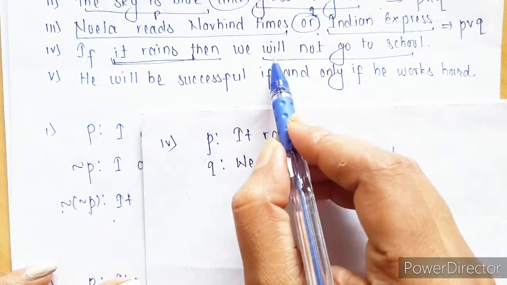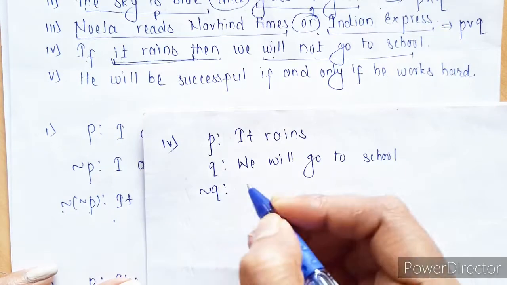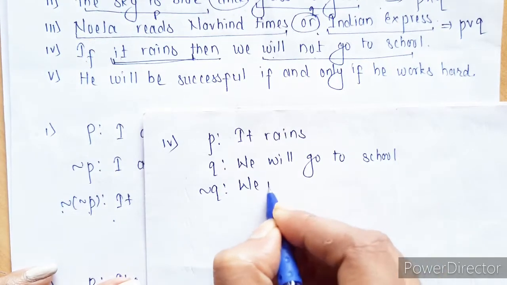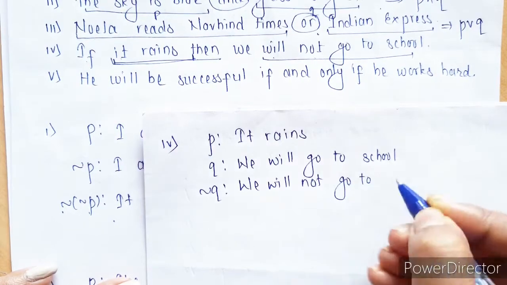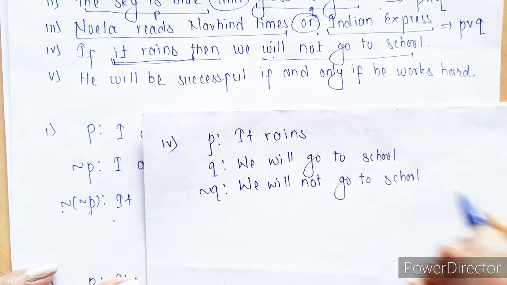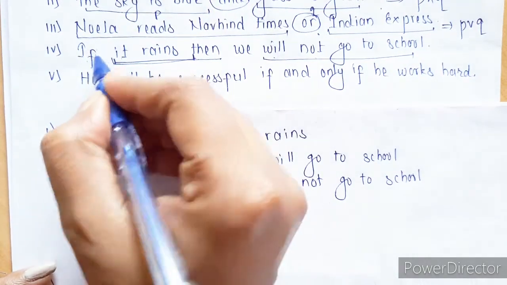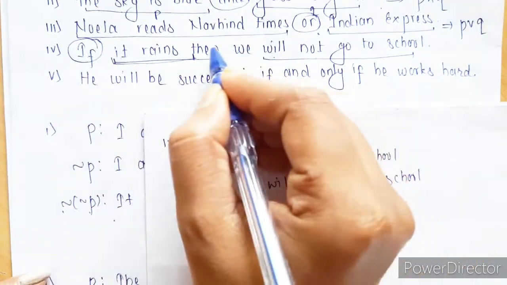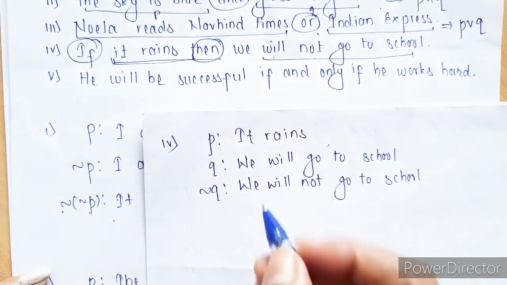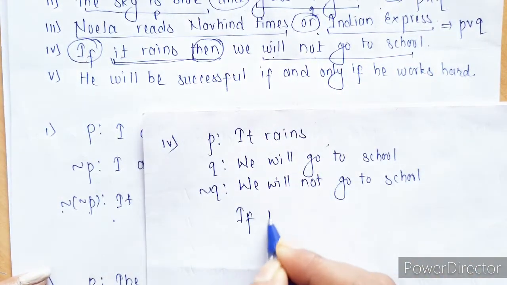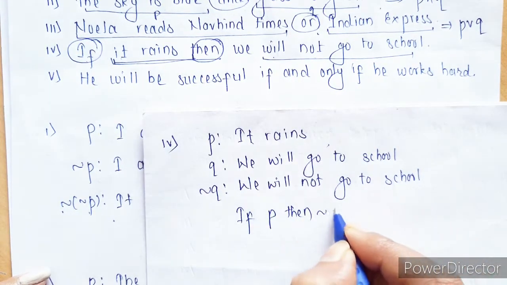But here what we have is we will not go to school, so this can be written as negation of Q. Now we are connecting them using if then: if it rains, then we will not go to school.